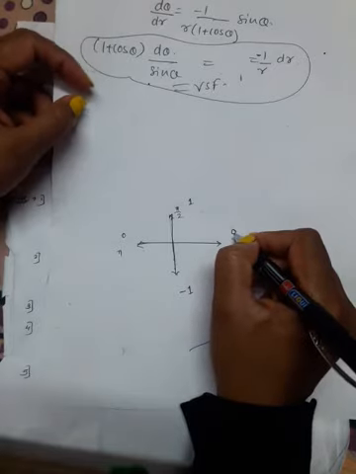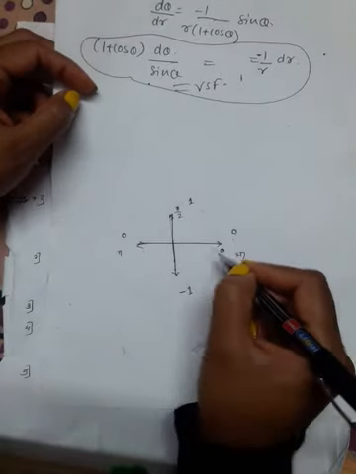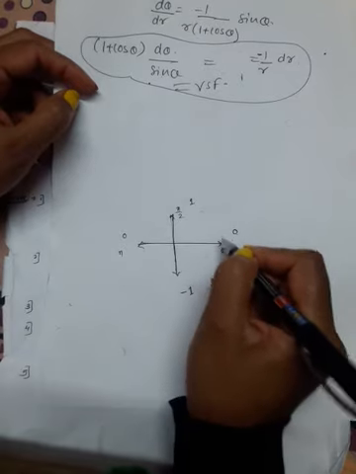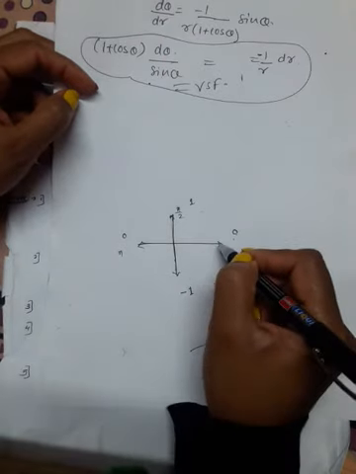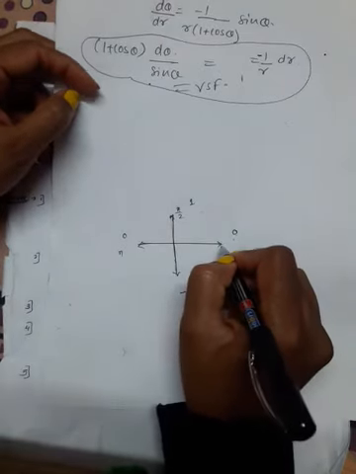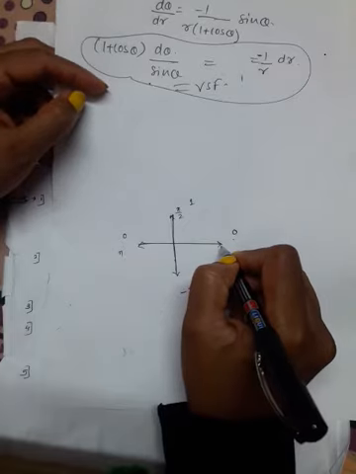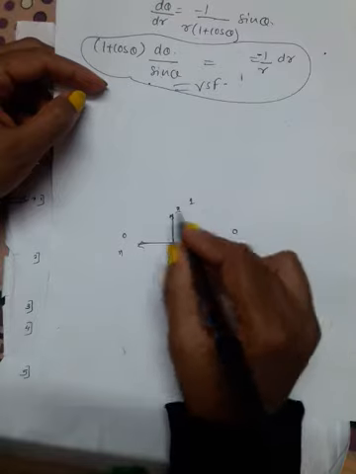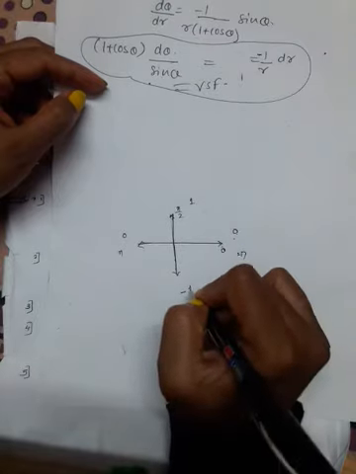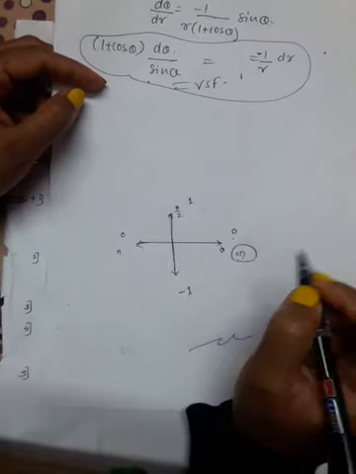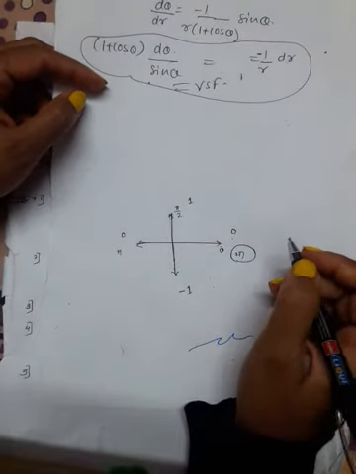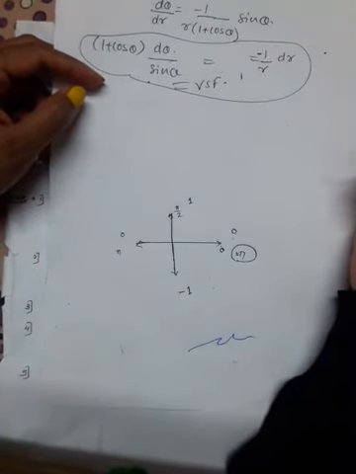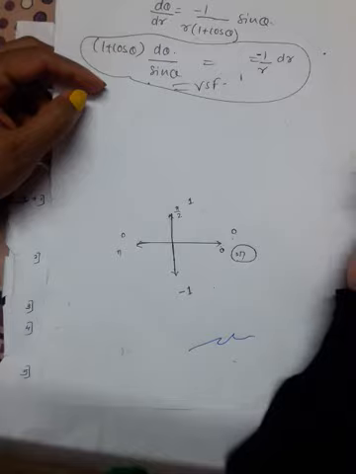That means if you go on adding pi by 2 up to 2 pi, you will get the circle ending with the same number. That's why the sine function is a periodic function whose value gets repeated after 2 pi, and 2 pi is a period of sine. So sine x is a periodic function of period 2 pi.